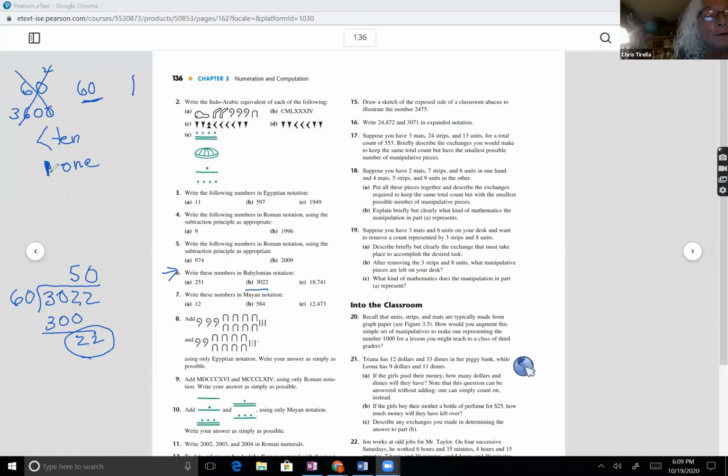So I need 50 groups of 60. 1, 2, 3, 4, 5. 5 tens would be 50. And then in the ones place, I need 22. And usually we leave a space in between there to show that there were no ones. How is that?